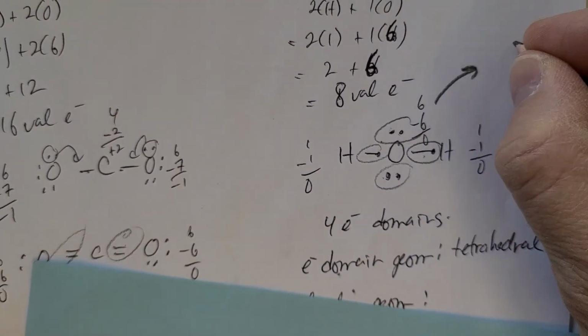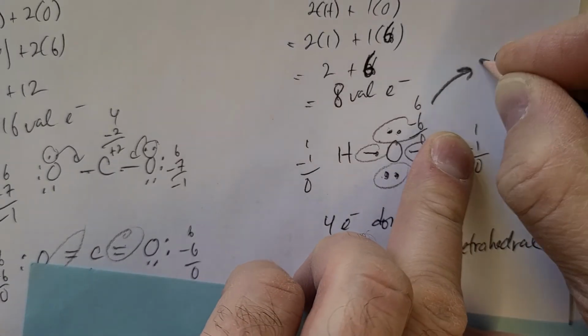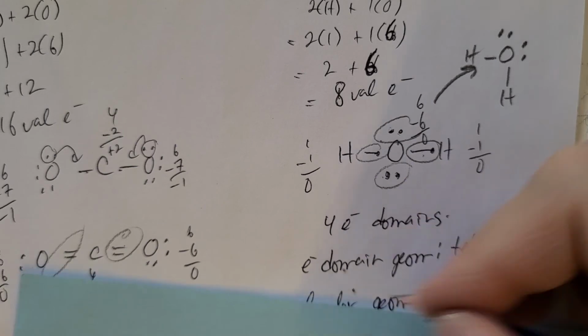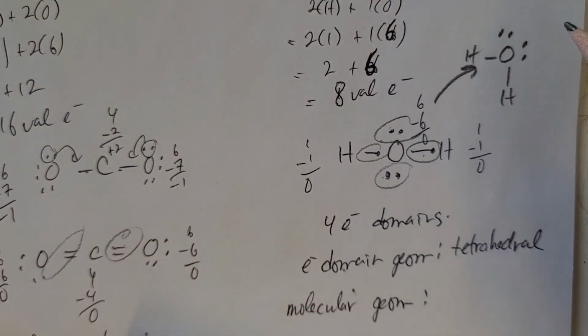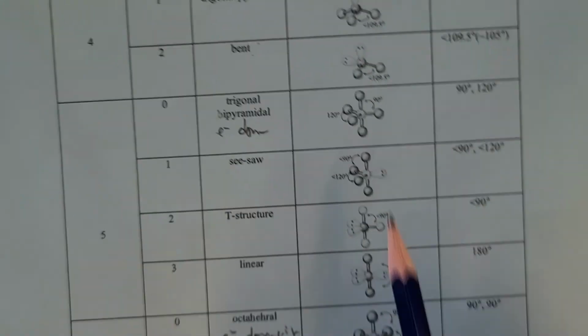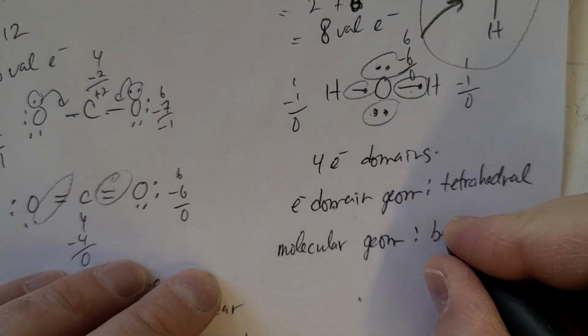But in reality, it's going to look more like this, a bent shape. Now, do you have to redraw it? No. As long as you state that you know what the geometry actually is, we know that it is going to be a bent shape. So molecular geometry is going to be a bent shape.